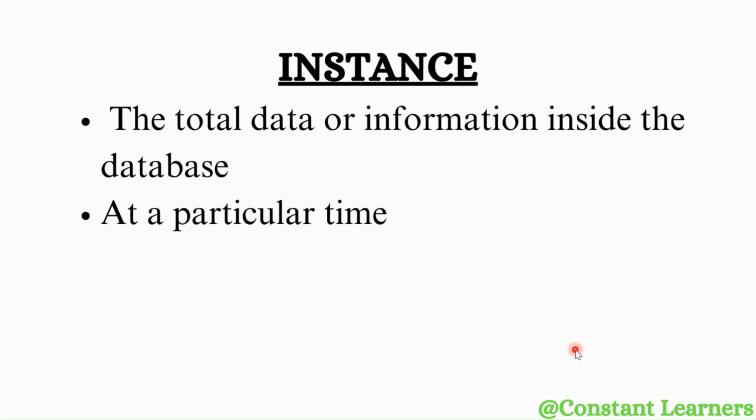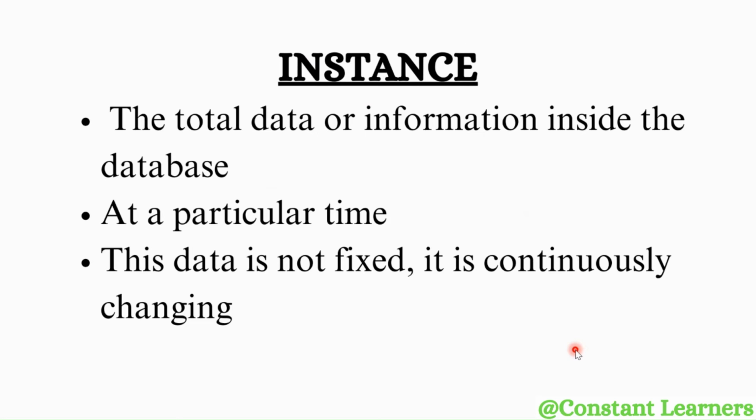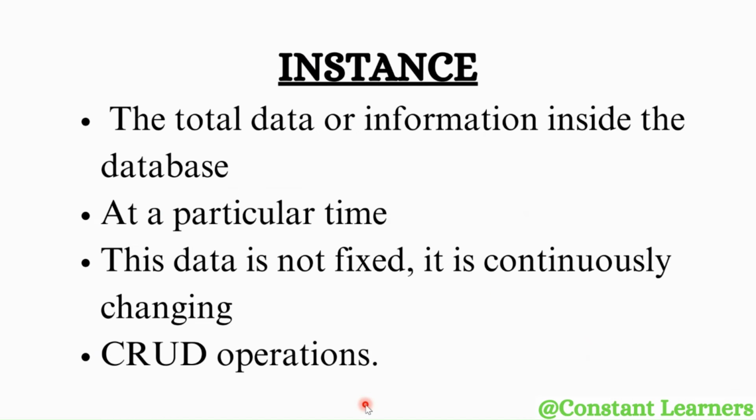And as we saw, this data is not fixed, it is continuously changing with the help of CRUD operations. What are CRUD operations? Create, read, update, and delete. So, read is not going to make any change to the data or information, but create, if a new entry is created in the table, that is create. Update, when I'm trying to update any information in the table, so that data is also changing.